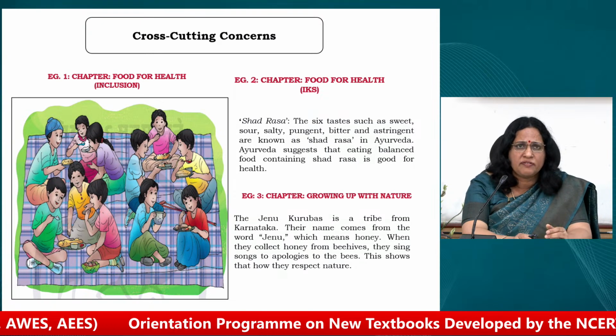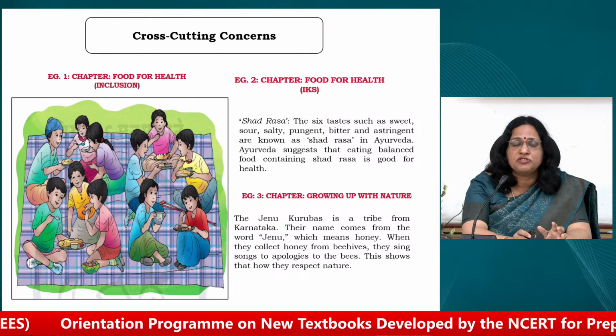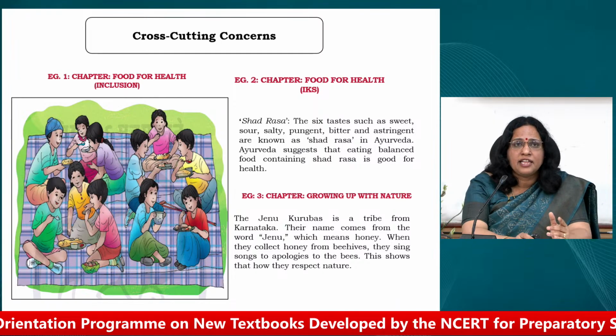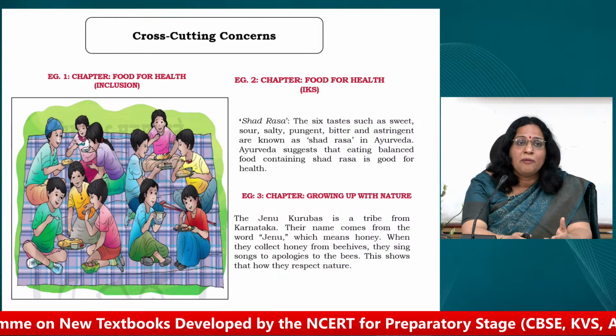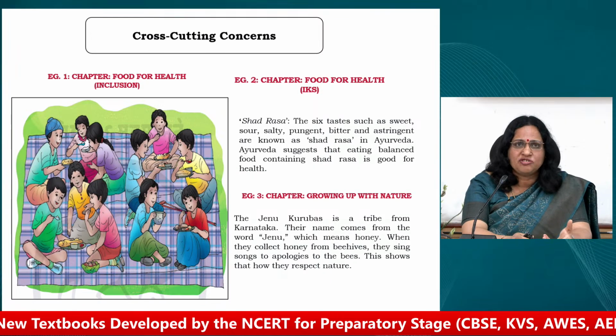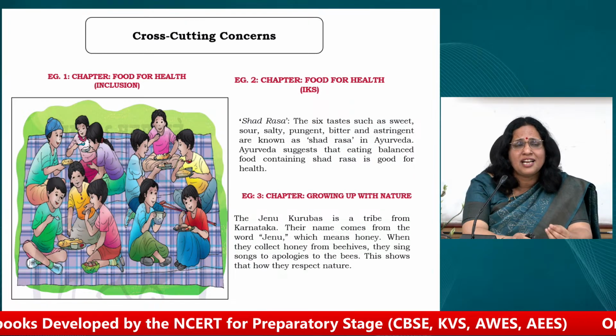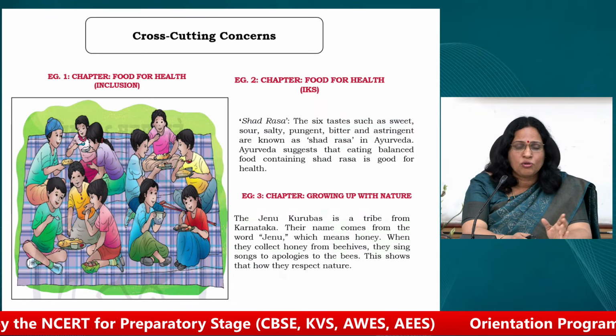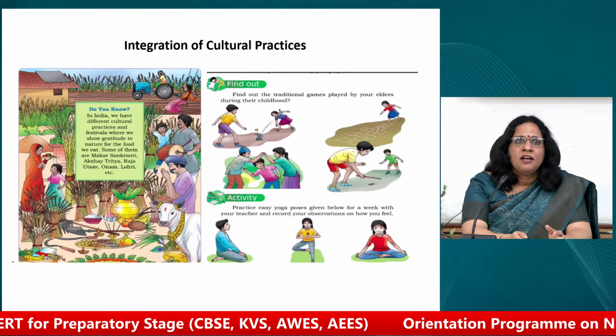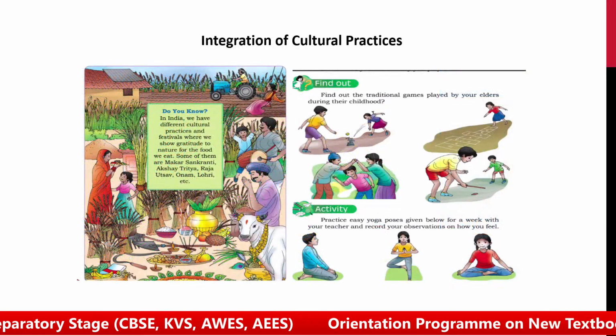One example is the Jenu Kuruba, one of the tribes in Karnataka. Before hunting the honey, they say sorry to the bees. This shows how they respect nature, and these kinds of subtle elements of sensitivity to the environment have been shown throughout the textbook.